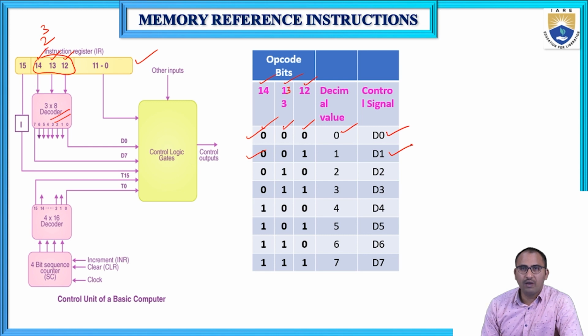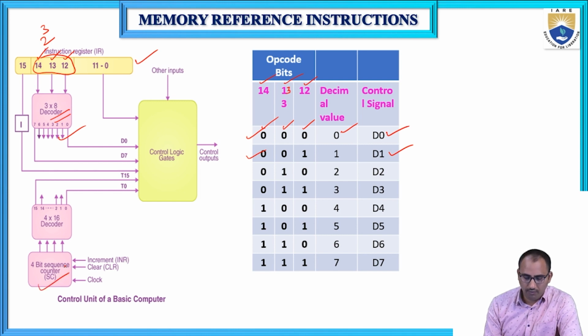In order to perform any operation, we require both control signals and timing signals. The control signals are generated by the 3/8 decoder. Similarly, the timing signals are generated by a sequence counter.